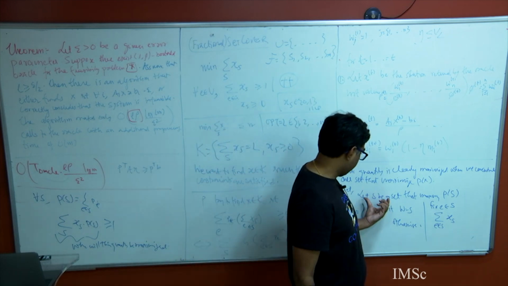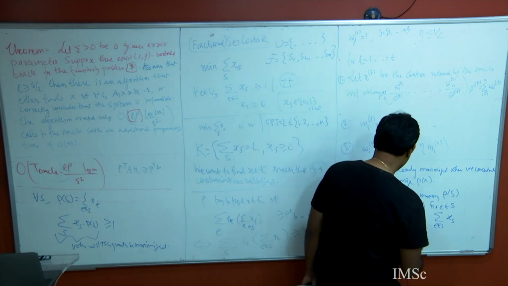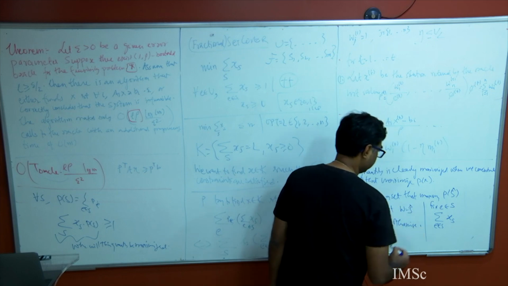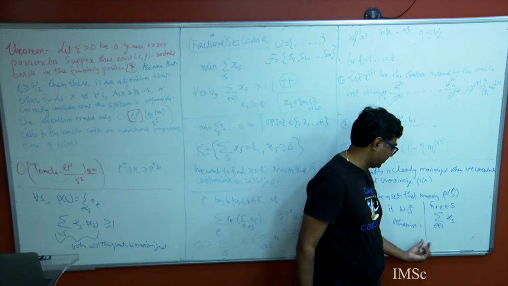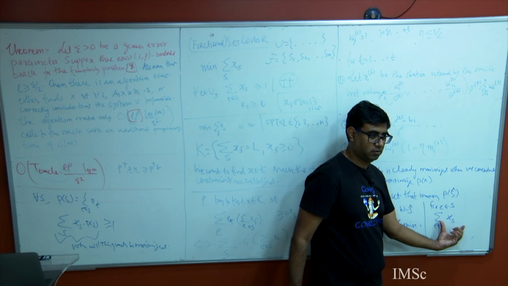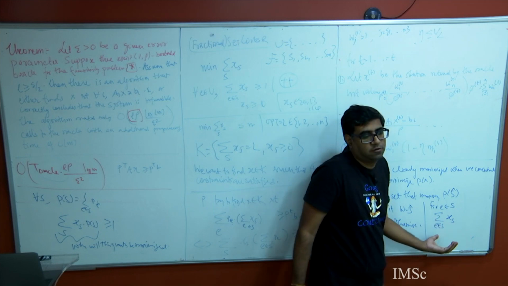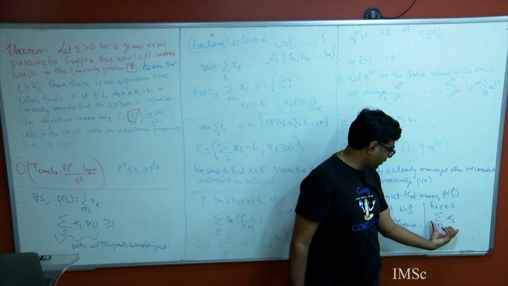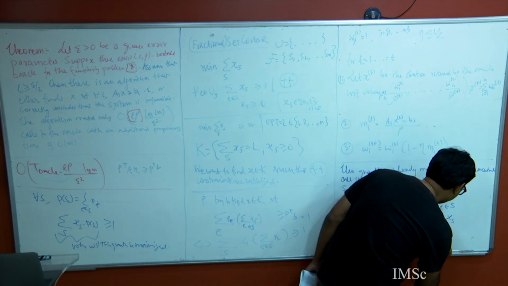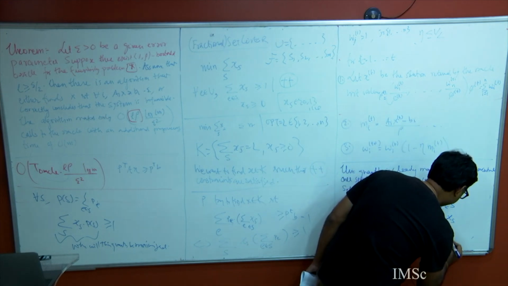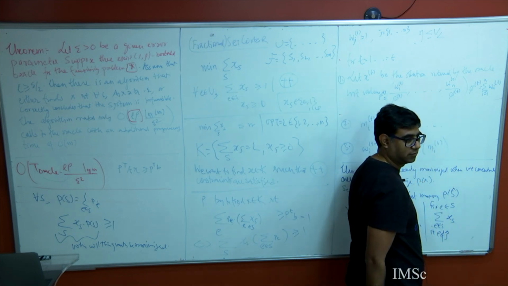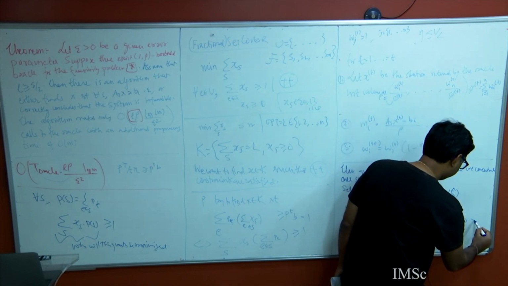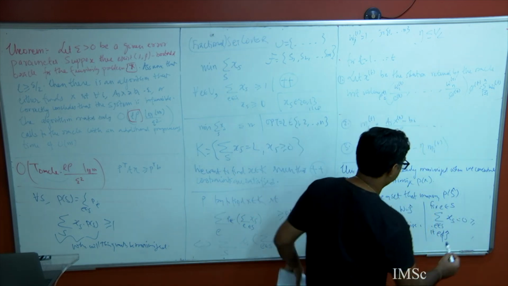Let S hat be the set that maximizes P of S hat. Now look, either E is contained in S hat or E is not contained in S hat. If E does not belong to S hat, then what is the value of this? This is equal to 0, right? But what is the right hand side? It is 1.